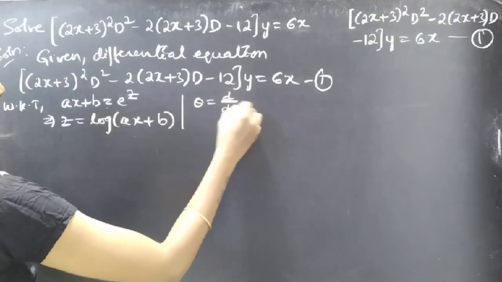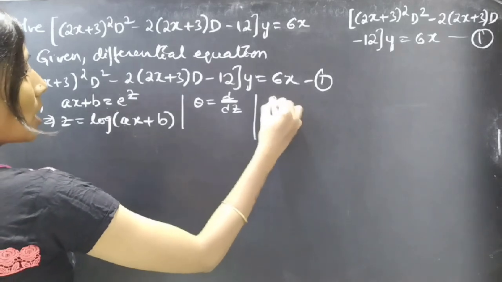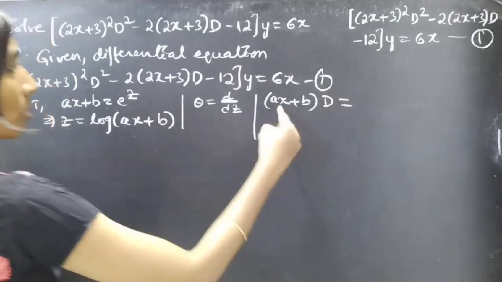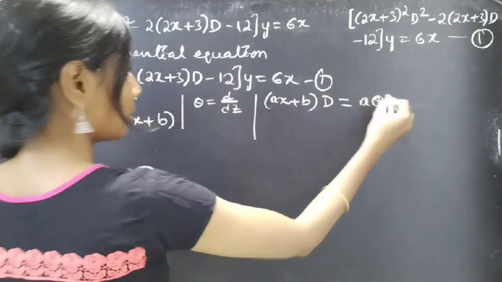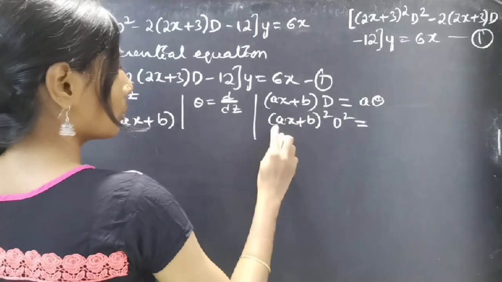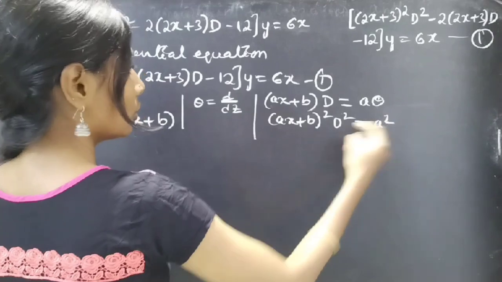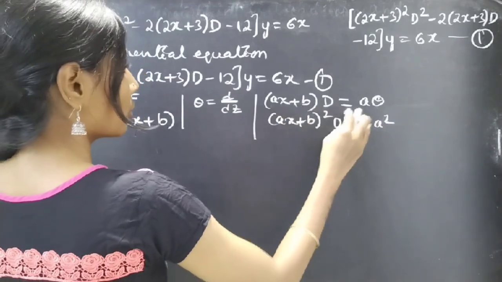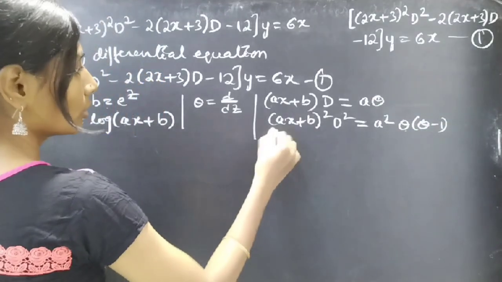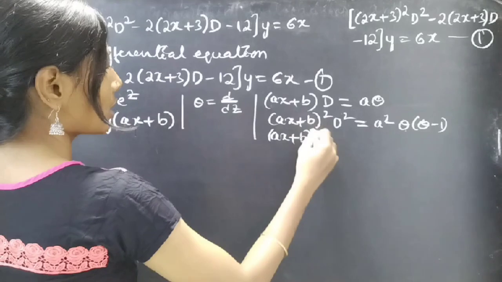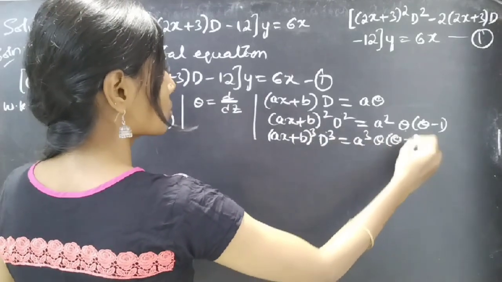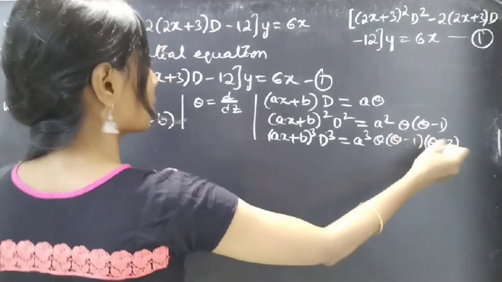By making these substitutions, we get theta = d/dz, and (ax + b) d becomes a·theta. (ax + b)² d² can be replaced by a² into theta(theta − 1), a product of 2 terms. (ax + b)³ d³ can be replaced by a³ into theta(theta − 1)(theta − 2), a product of 3 terms.